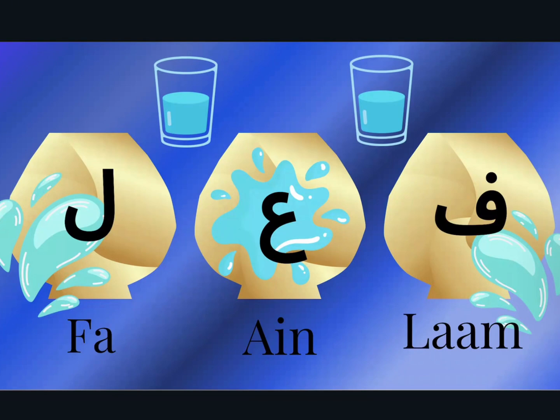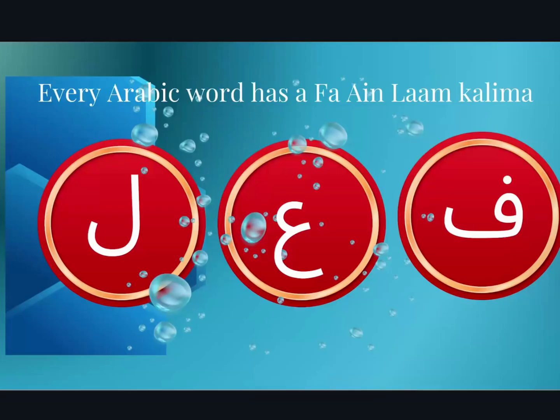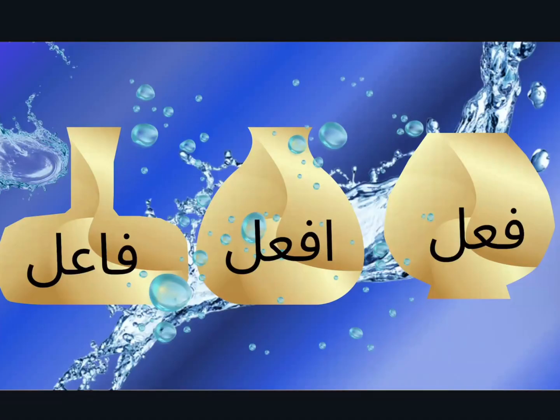Right now we have fa, ain, lam. When you put it in one family, it is fa, ain, lam. You put it in another family, it adds an alif or hamza in the beginning.